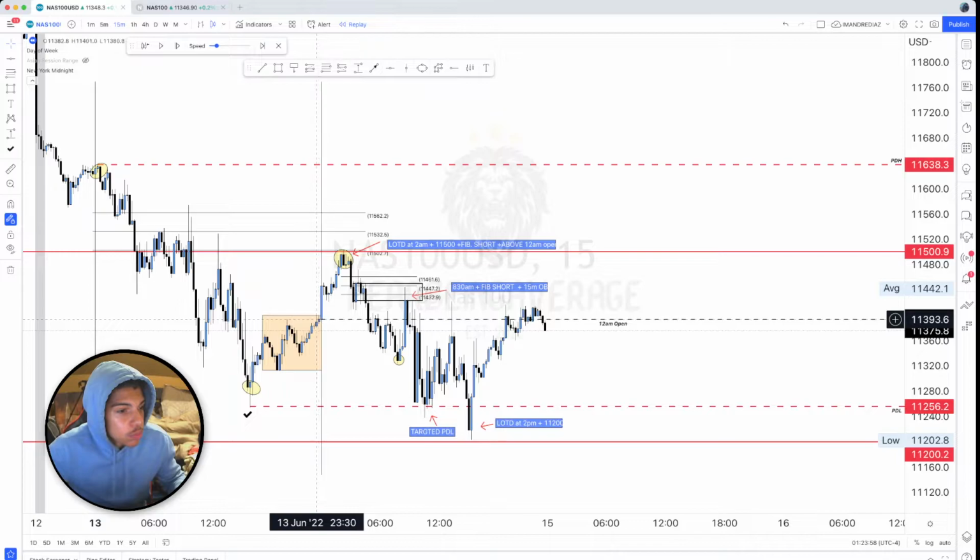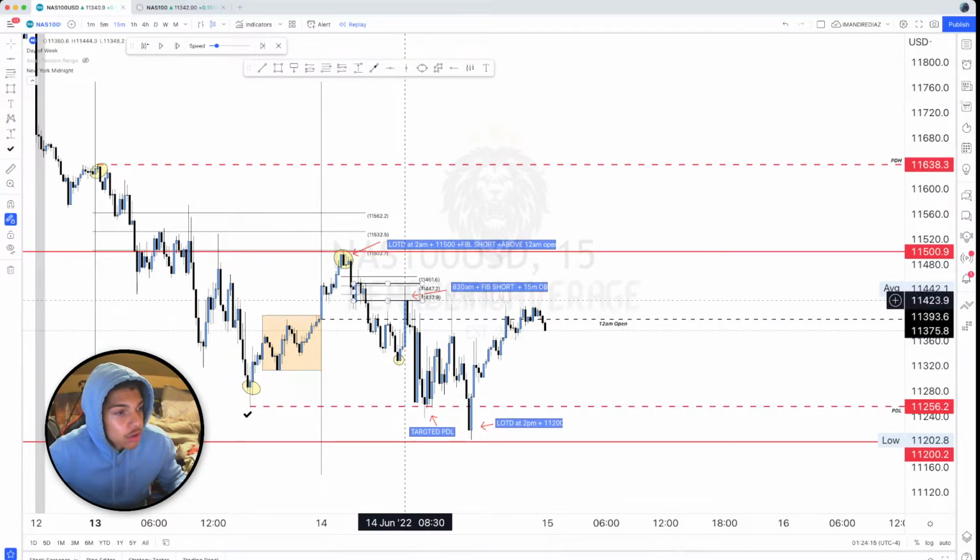So this is what happened today. After price opened at 12 a.m., price pushed above, targeting 11,500, making the high of the day at this fib short. So we had a down day yesterday and we had a retracement. This was the start of the downtrend move. We pushed lower, created a low at 8 in the morning, pushed higher during news at 8:30. We came into this discounted area above the 12 a.m. open into a fib short and a 15-minute order block at 8:30.